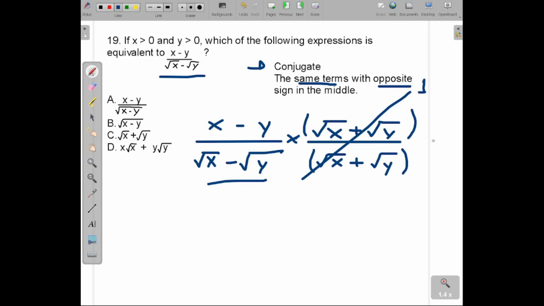It's like having 5 divided by 5, or any number. That's 1. 1 times the initial expression will be the same expression.